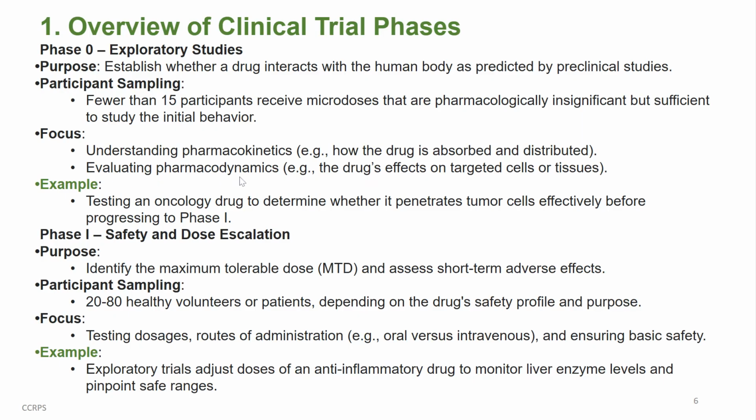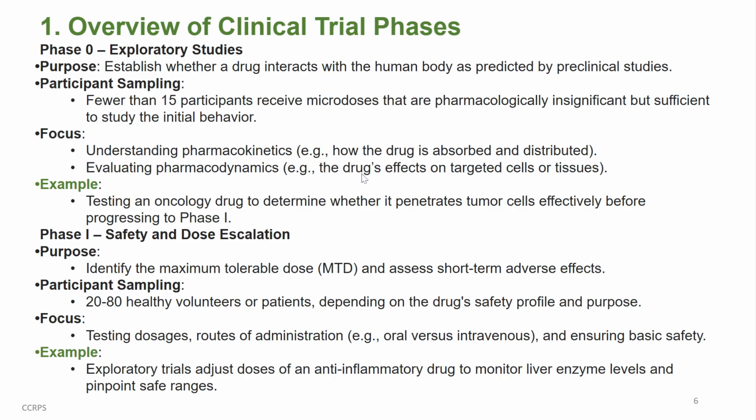Evaluating pharmacodynamics as well. Pharmacodynamics means the effects on the body, how the body will react, what are the signs and symptoms that will be shown by the body of the participants.